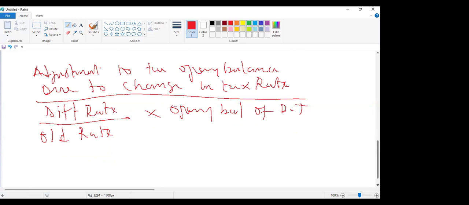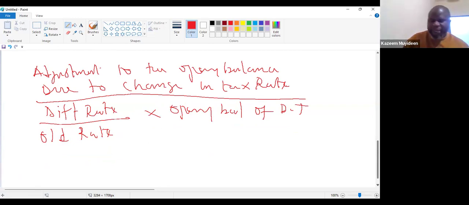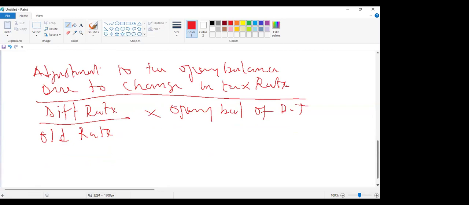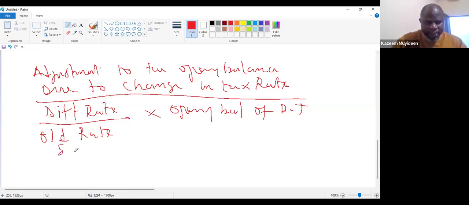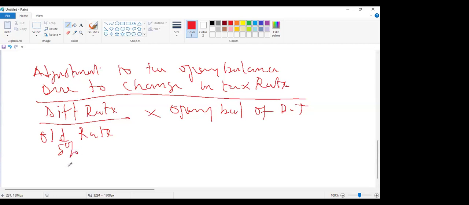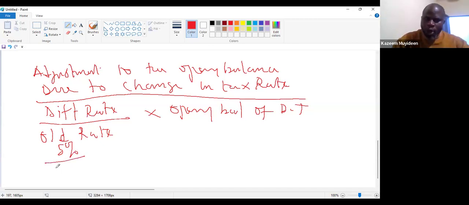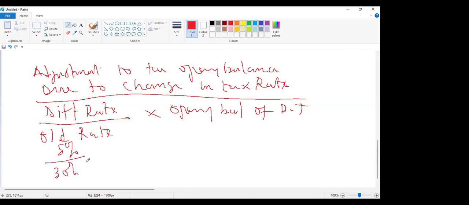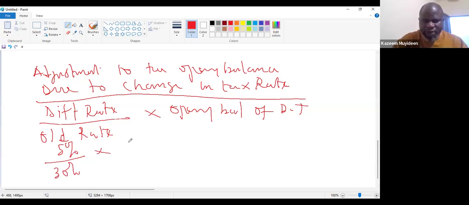Is it increasing or decreasing? It's increasing. The difference in rates is 35 minus 30, which is 5%, all over old rate, which is 30%, times opening balance of deferred tax, which is 10,000.